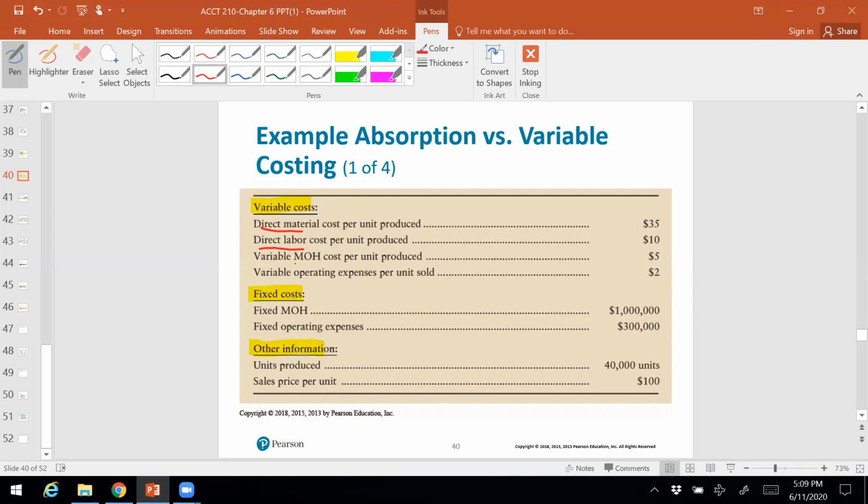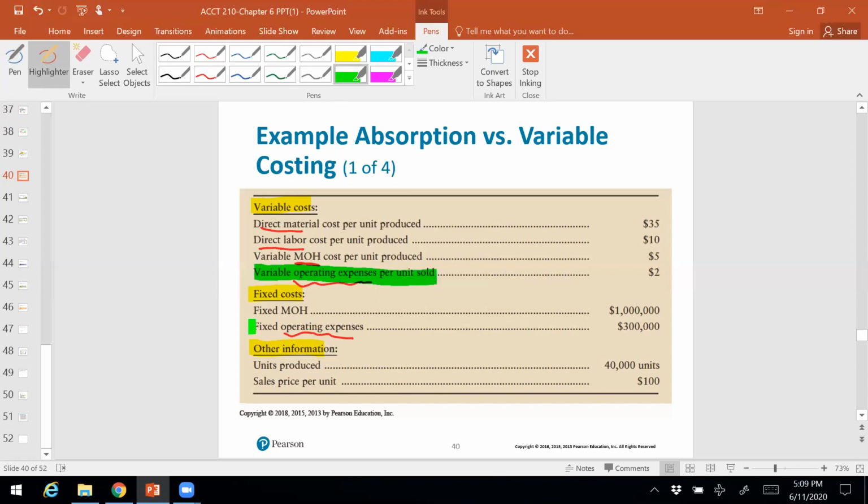Variable manufacturing overhead. Then you have variable operating expense, like sales commission. This is variable, but it's not manufacturing, it's operating cost expense. For fixed cost, you have fixed manufacturing and you have fixed operating. I use this one as the operating, so I'll put it here.